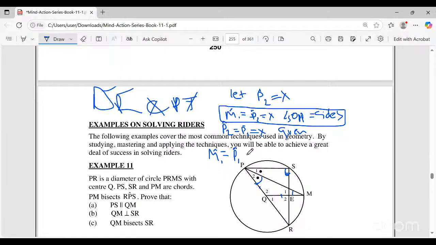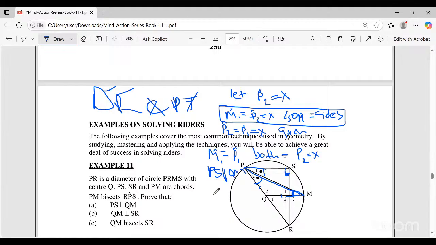My reasoning is they are both equal to P2, they are both equal to that X. Because this angle here is equal to this one, I can come to the conclusion that PS is parallel to QM.